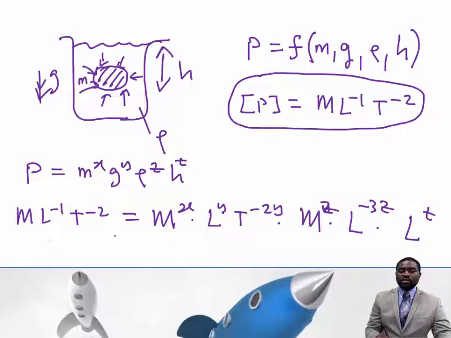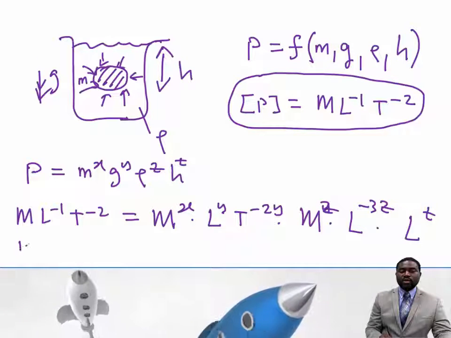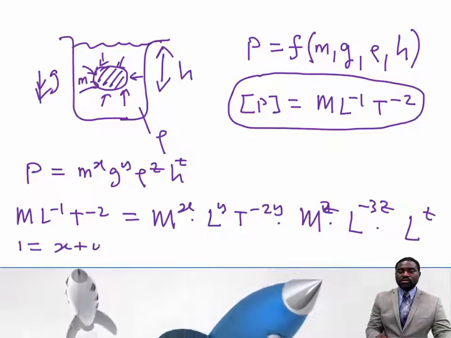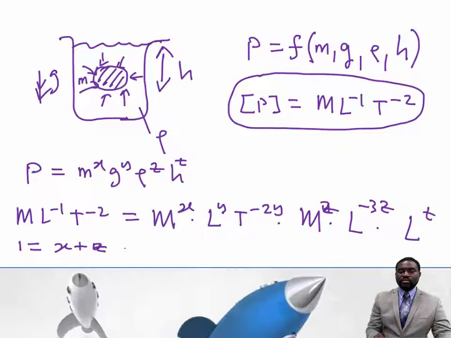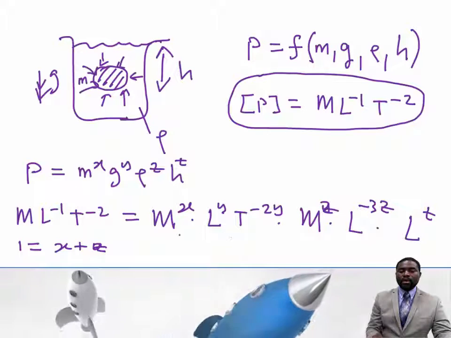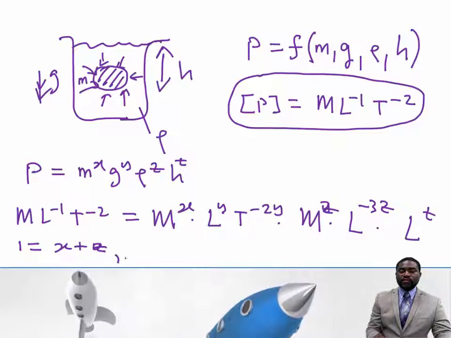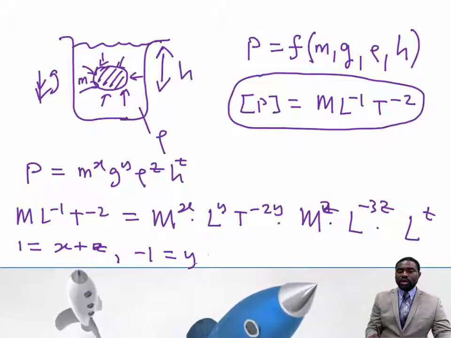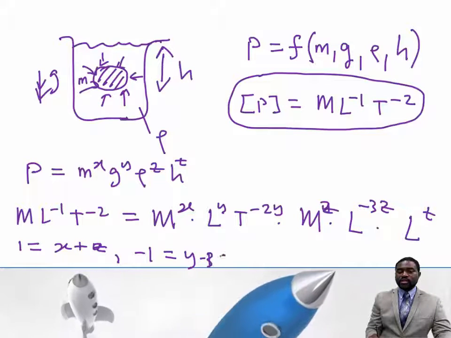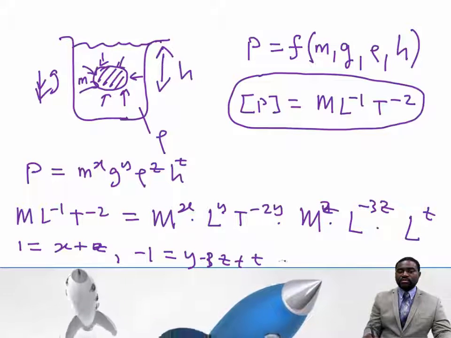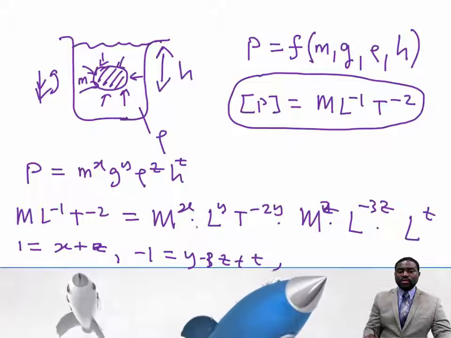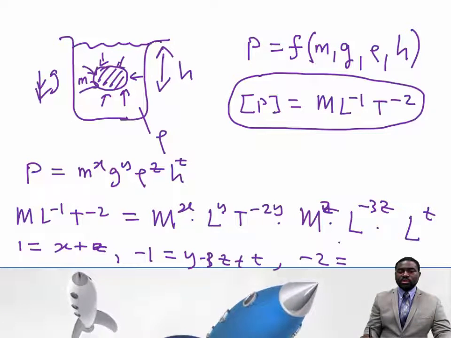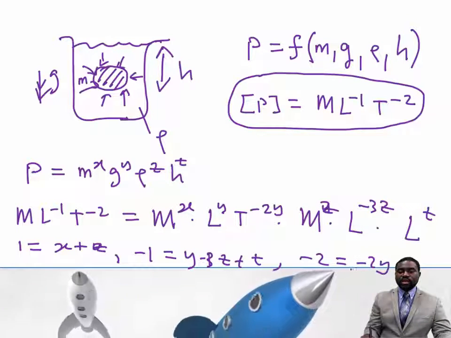So if you look at this keenly, 1 will be equal to what? x plus z, negative 1 will be equal to, for L, y minus 3z plus t, and negative 2 will be equal to negative 2y.